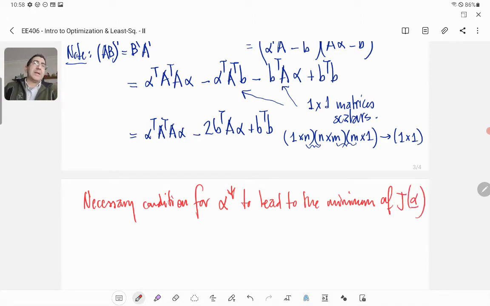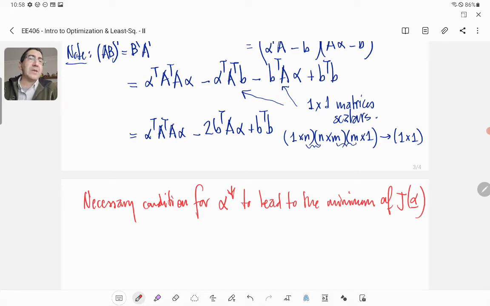Now let's also take a look at what's happening here. This is a quadratic expression. It is a square in terms of alpha. I have alpha transpose alpha, so it's a square of alpha in a sense. That means it's actually a quadratic function. It's like a multi-dimensional bowl, because A transpose A is positive.